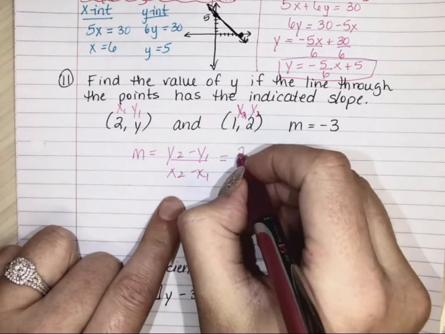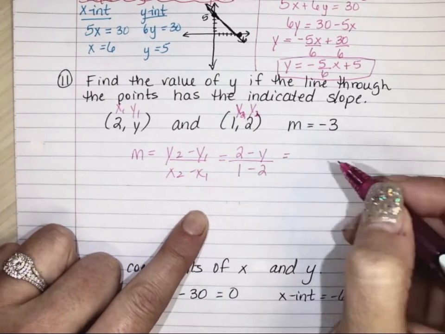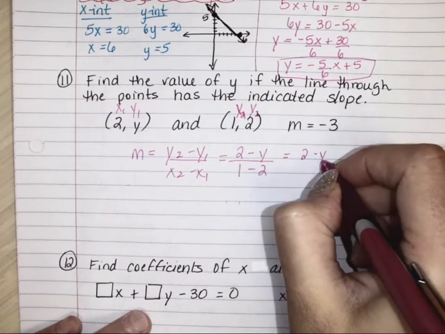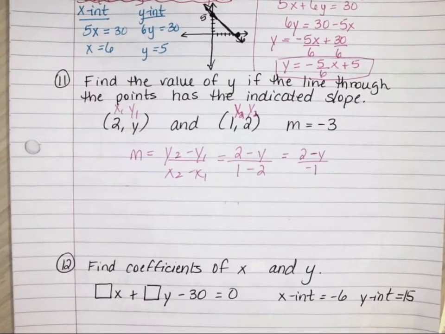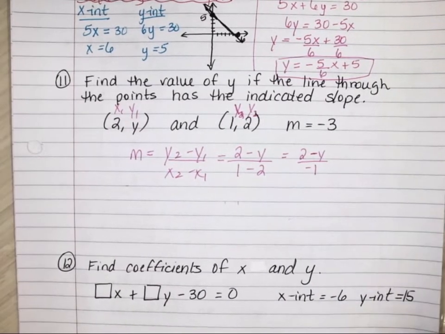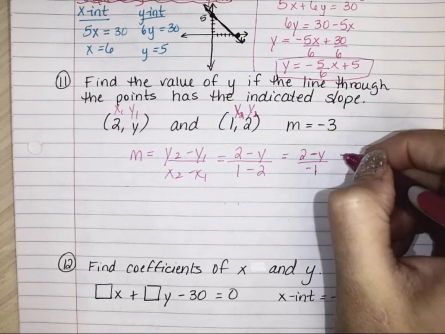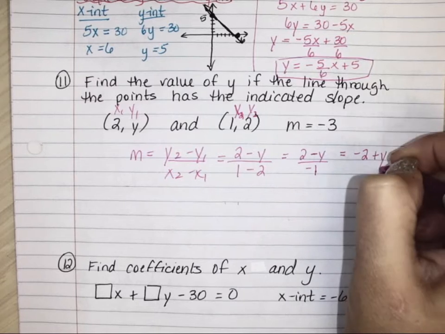I plug in y2 minus y1 over x2 minus x1, and we get 2 minus y over -1. If you want to go ahead and divide -1 into 2, and get -2 and divide -1 into that.